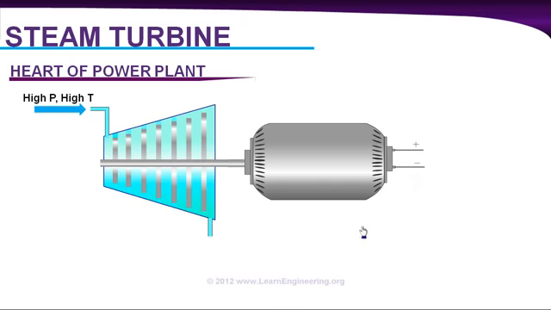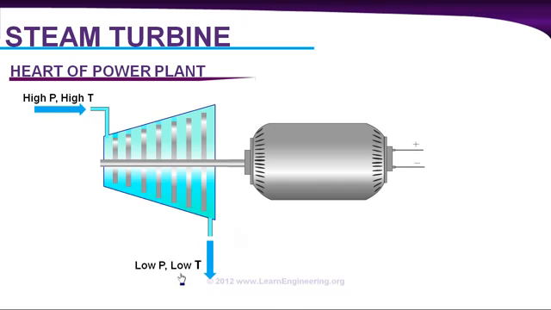But the main challenge here is how to produce this electricity continuously. When this high pressure, high temperature steam passes through this turbine, the blades will rotate, so the blades will absorb some energy from the steam. So the steam will obviously lose some energy. At the outlet of the steam turbine, the fluid has low pressure and low temperature.